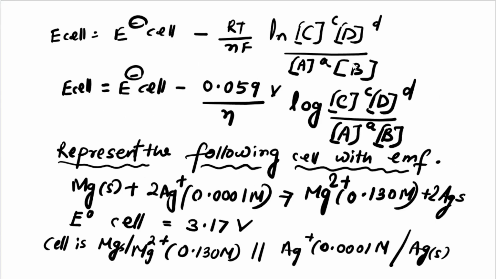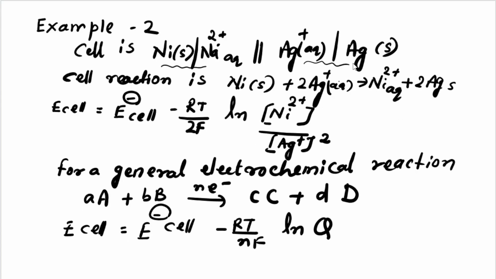If the reaction given is aA plus bB equal to cC plus dD, here you should write what Q is. You learned this in 11th class.